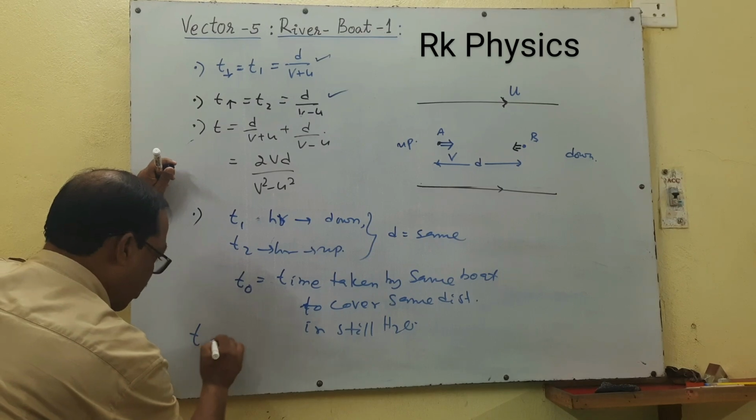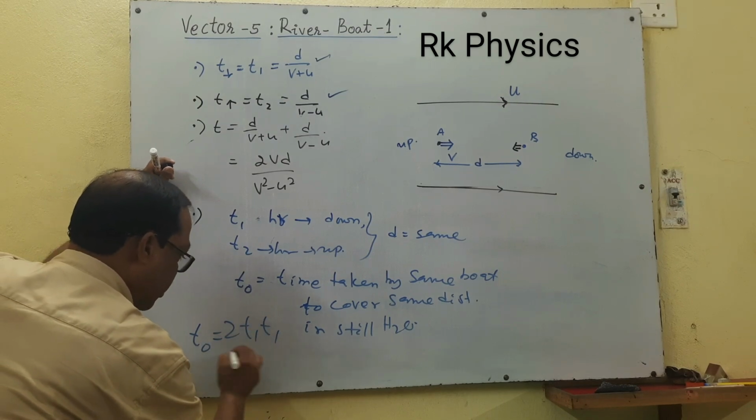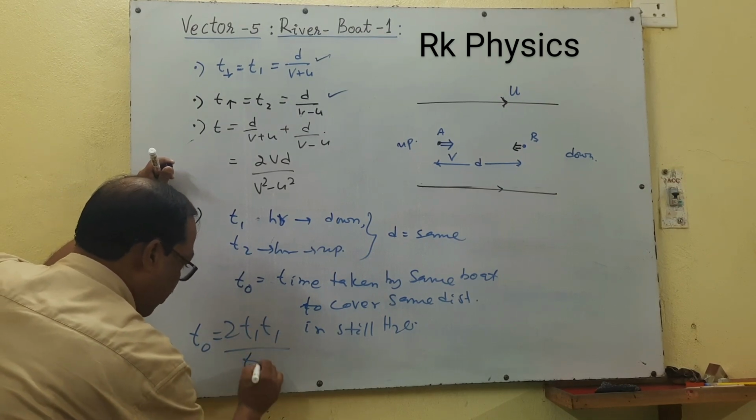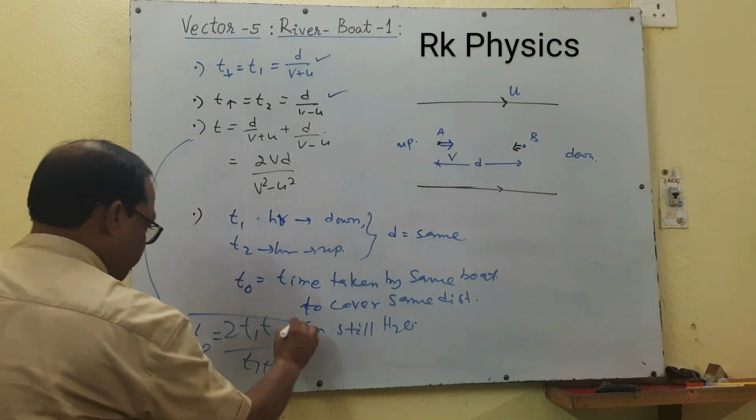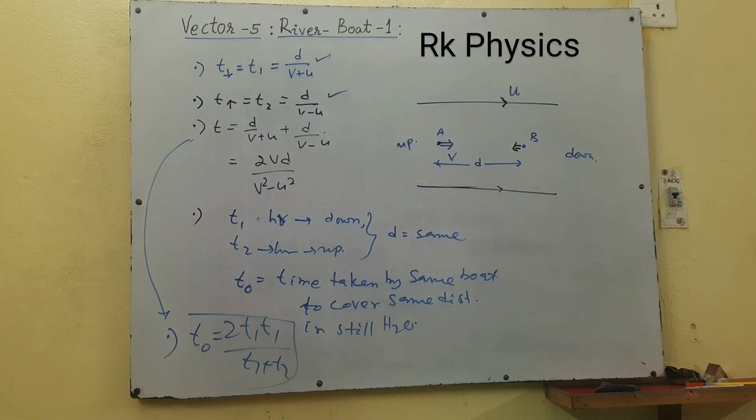Then you take the formula t naught is 2 t1 t2 divided by t1 plus t2. So this is your fourth formula.